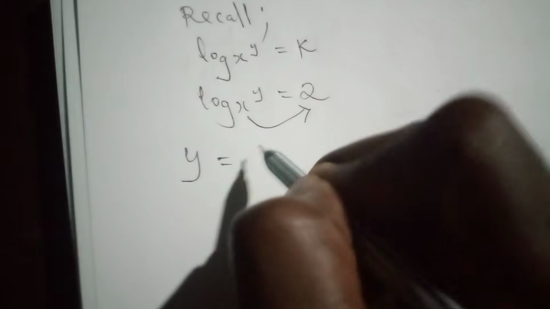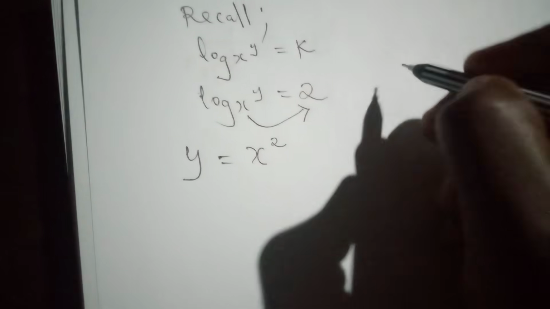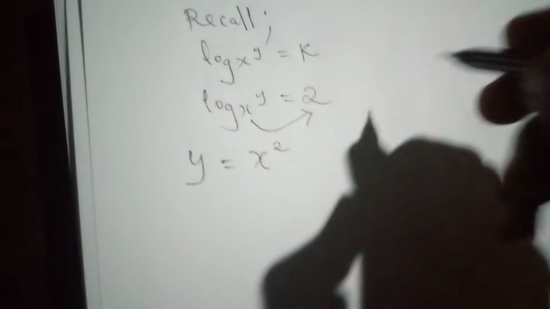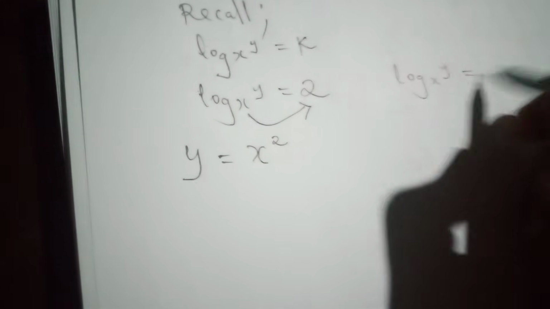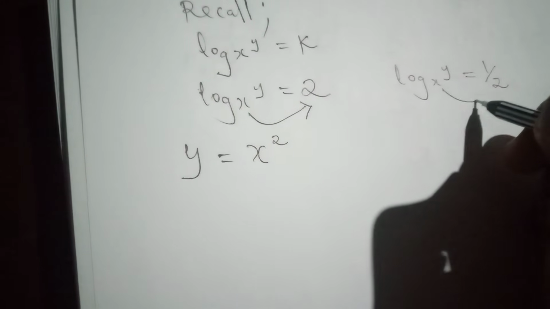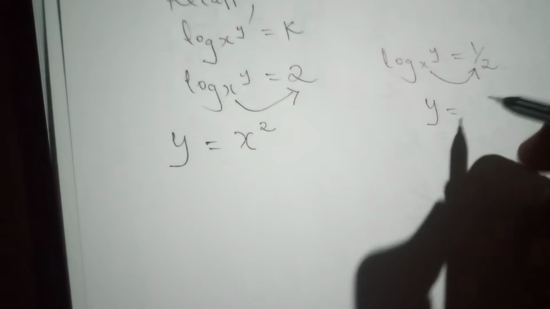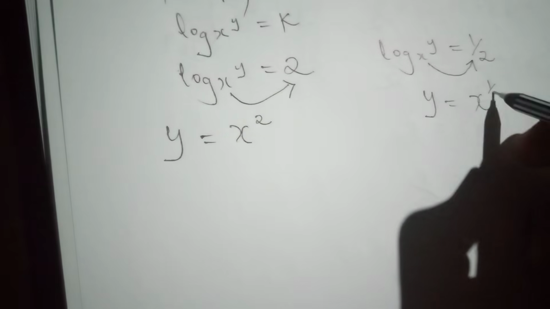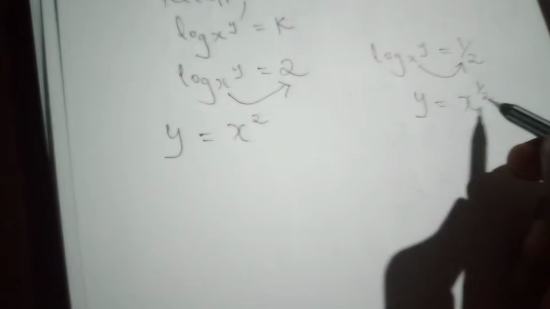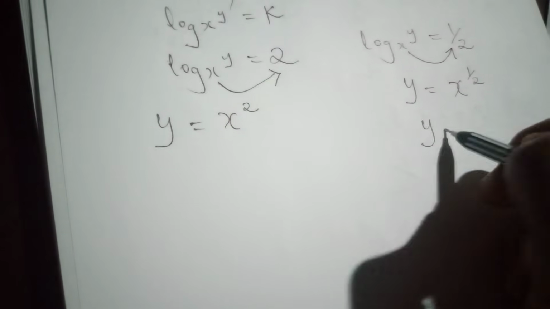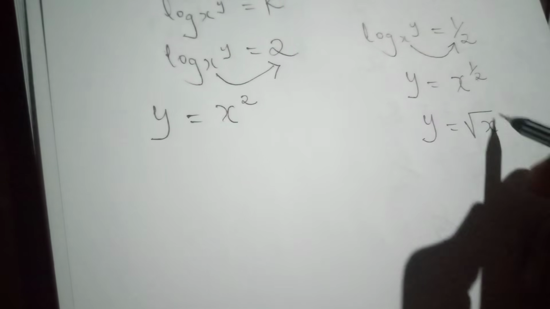So y equals x to the power 2. And the other one, you have calculated the value of k to be half. So log of y to base x equals 1 over 2. This one is going to shift that, so y equals x to the power 1 over 2. That simply means that you can simplify if you want. That is y equals the square root of x, which can also be written like this.